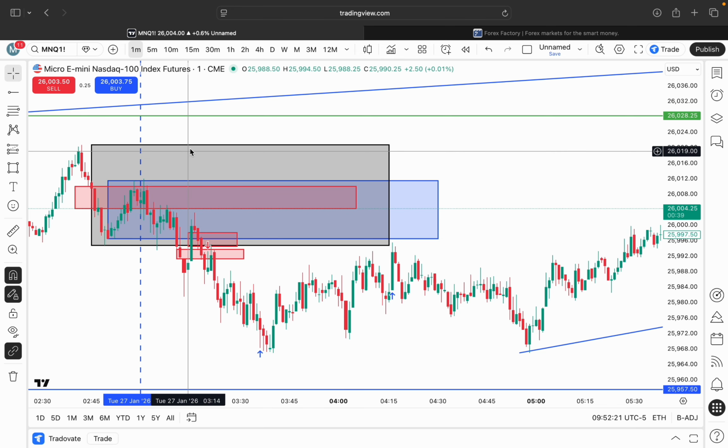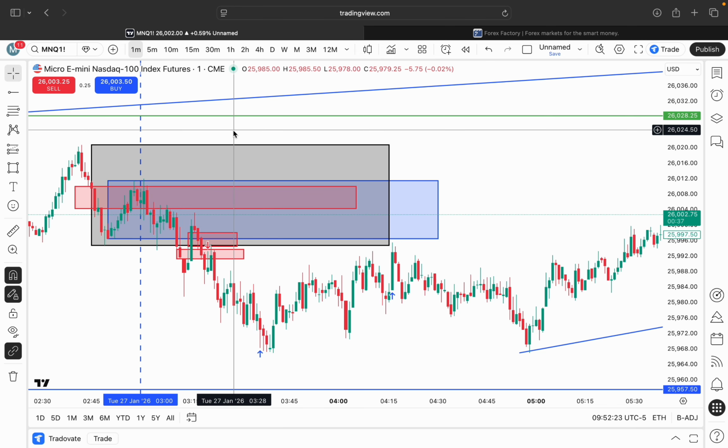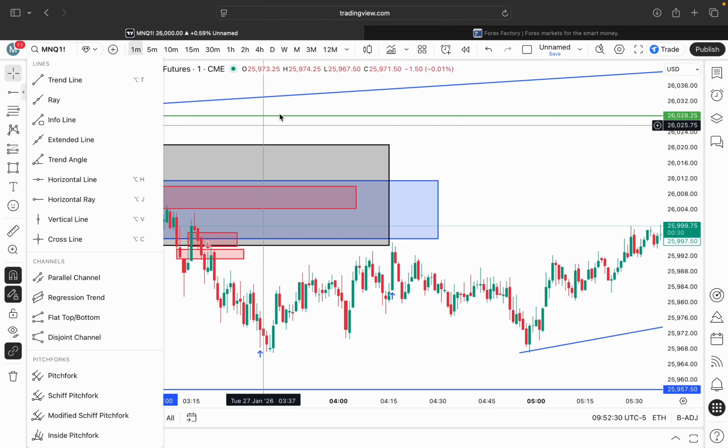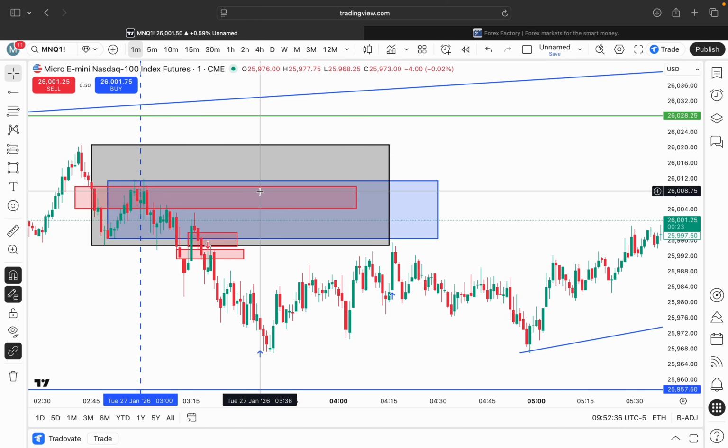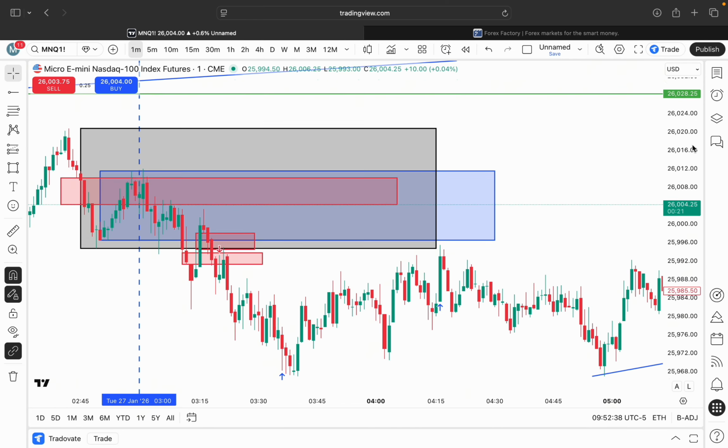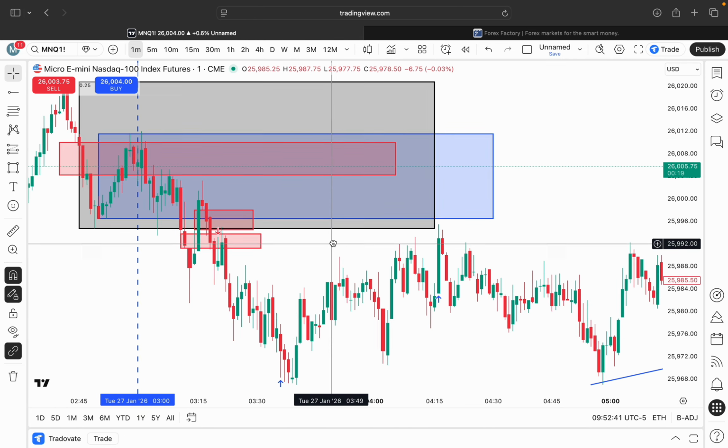So what we do when we respect these areas, when we revisit them, is that we then go to the 1 minute. Obviously we were at the 5-minute, we go down to the 1 minute and try to see another continuation sign basically.